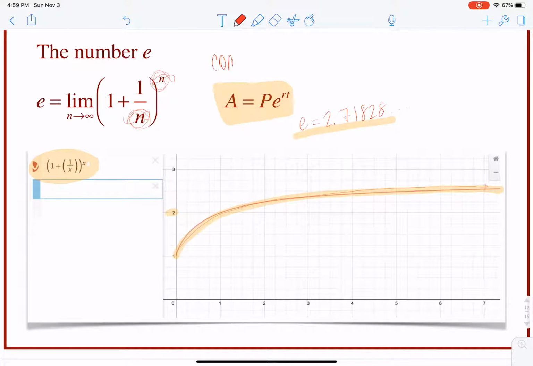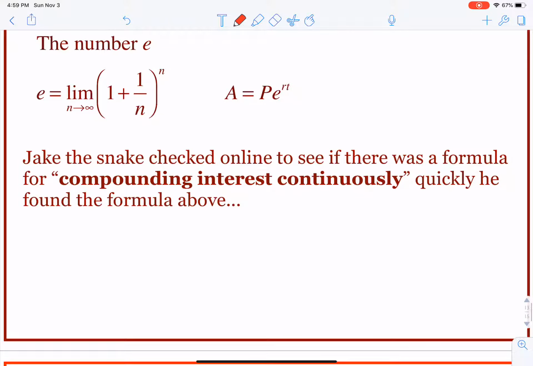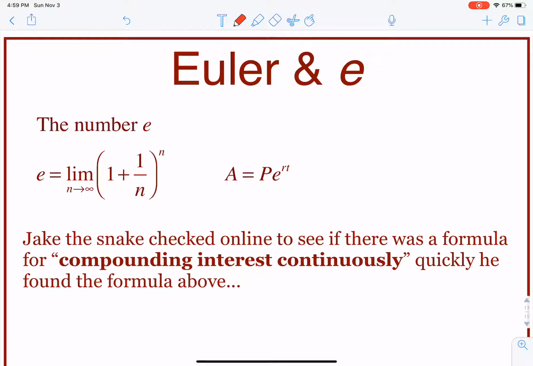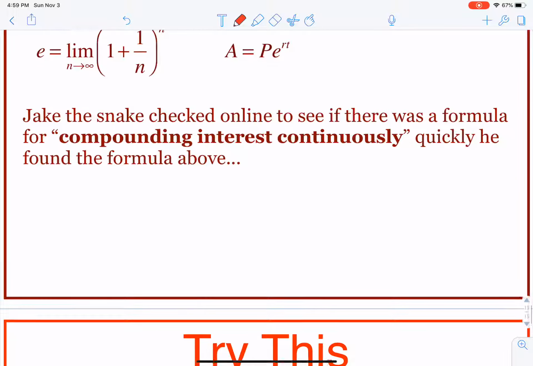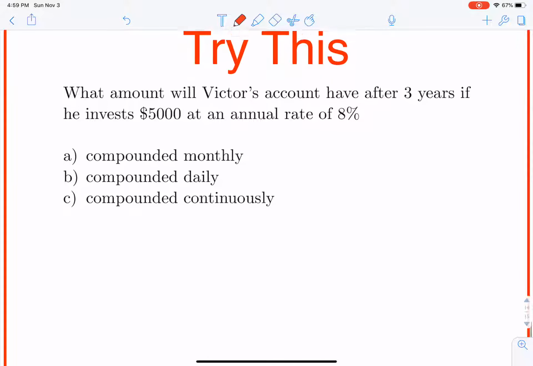So let's do some examples here. It looks like Jake the Snake checked online to see if there was a formula for compounding interest continuously, and quickly he found the above formula. So if we were having a face-to-face class right now, I would have us talk a little bit about this. But let's try some problems here.